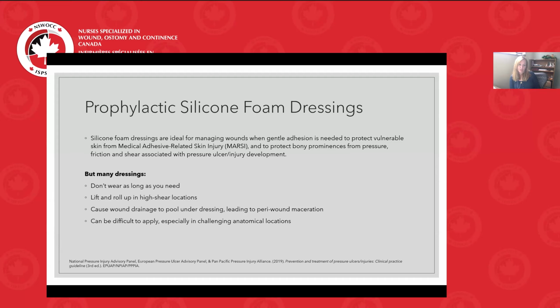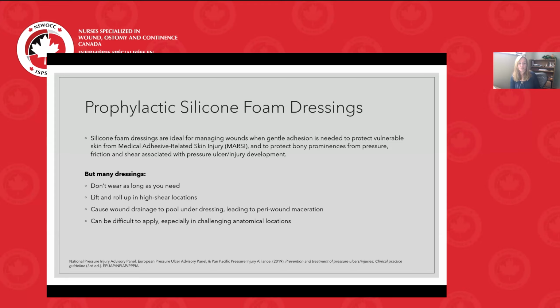So another thing when we talk about prophylactic foam dressings, we know there's a lot of different ones out there on the market. The problem with prophylactic foam dressings is, you might not have one that wears as long as you'd like. You might not be able to lift it up and assess and put it back. It might roll at the edges.